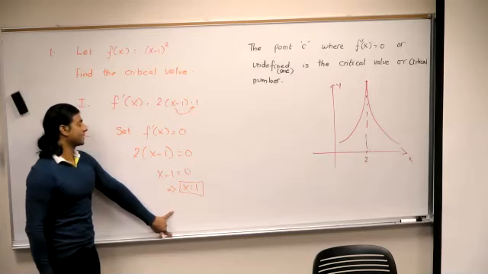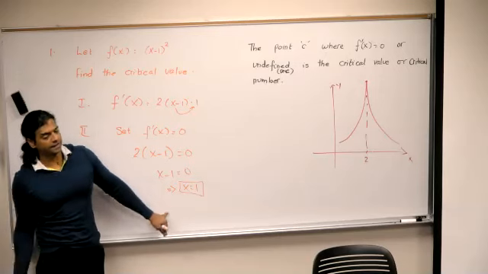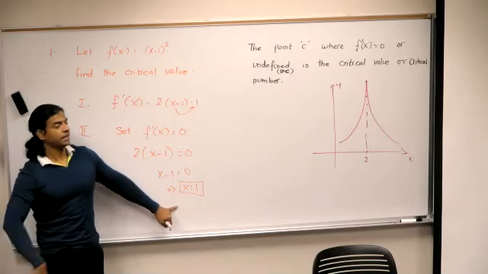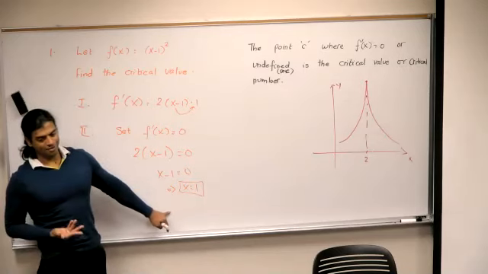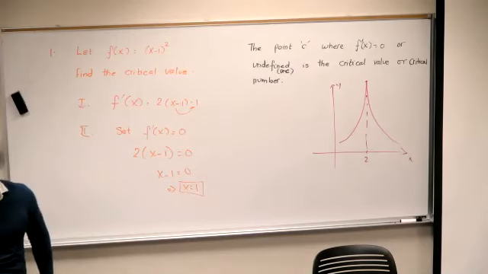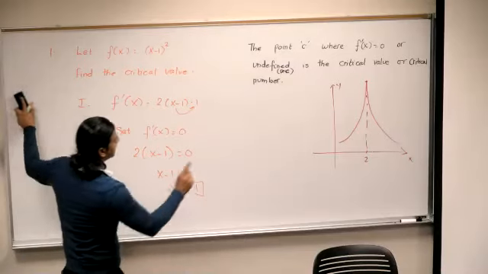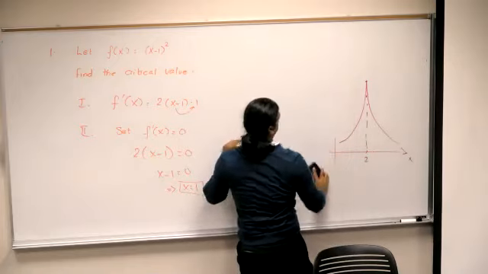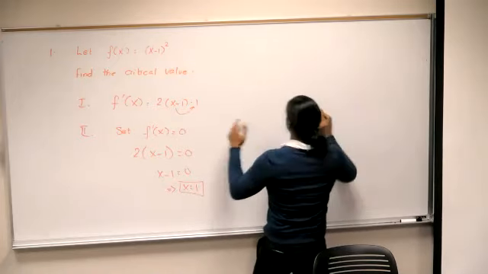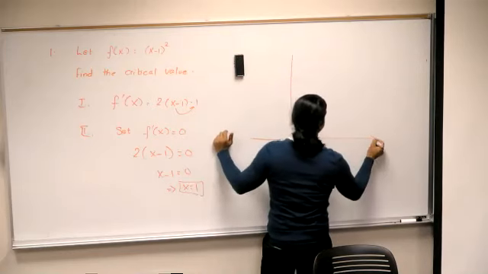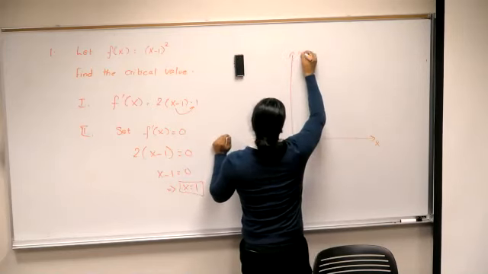So I'm going to say that this particular function is going to have a minimum at x is equal to 1. Now pick up your calculator, graph that, and see if there is a minimum at x is equal to 1. Did we see a minimum at x is equal to 1? Yes.